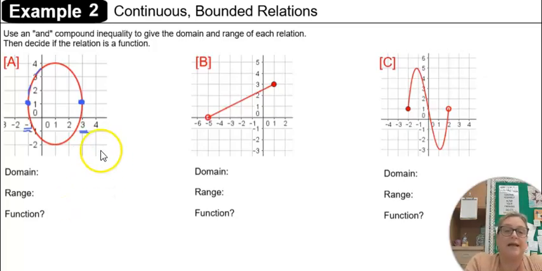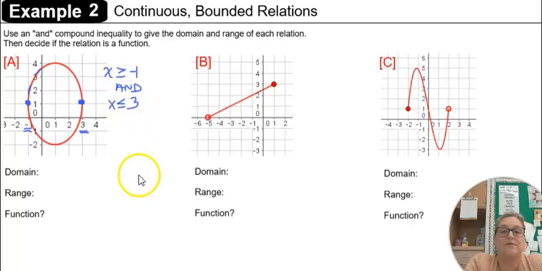And we're going to write that as an inequality. So we would know that the x's here are greater than or equal to -1, and the x's are less than or equal, going this way, to 3. So x is less than or equal to 3.